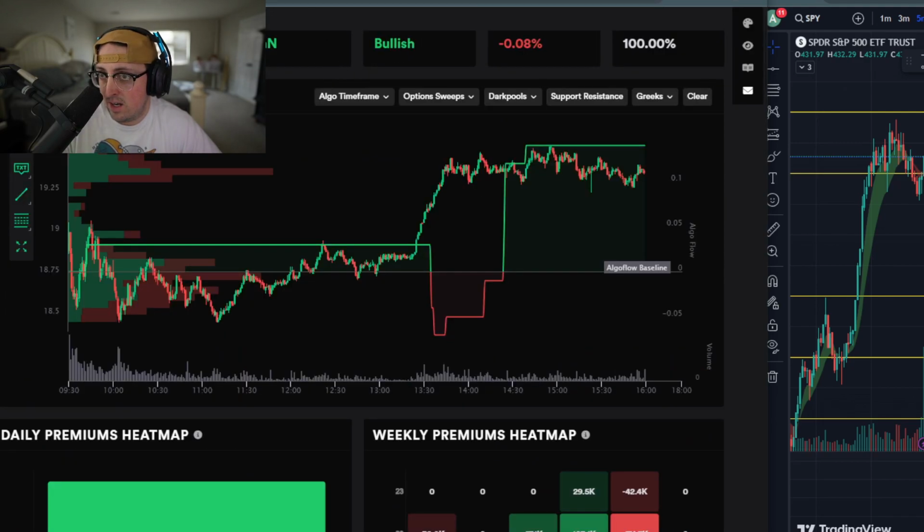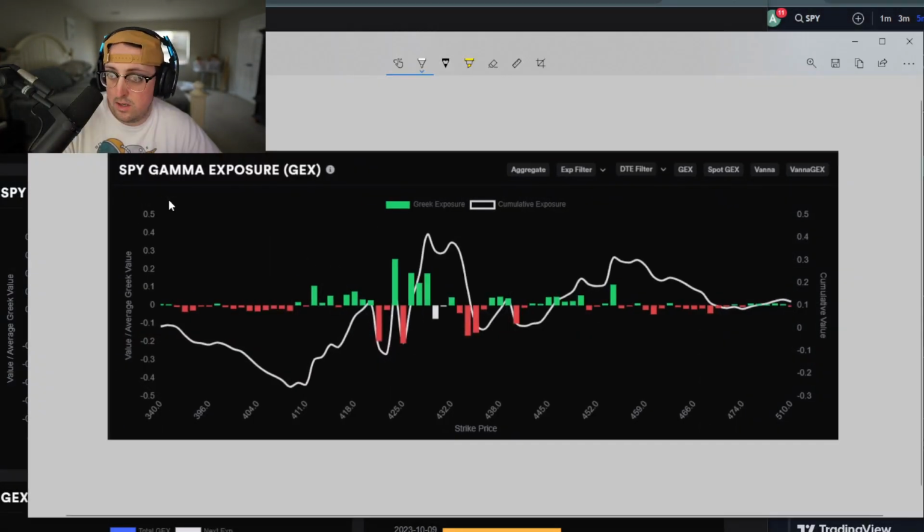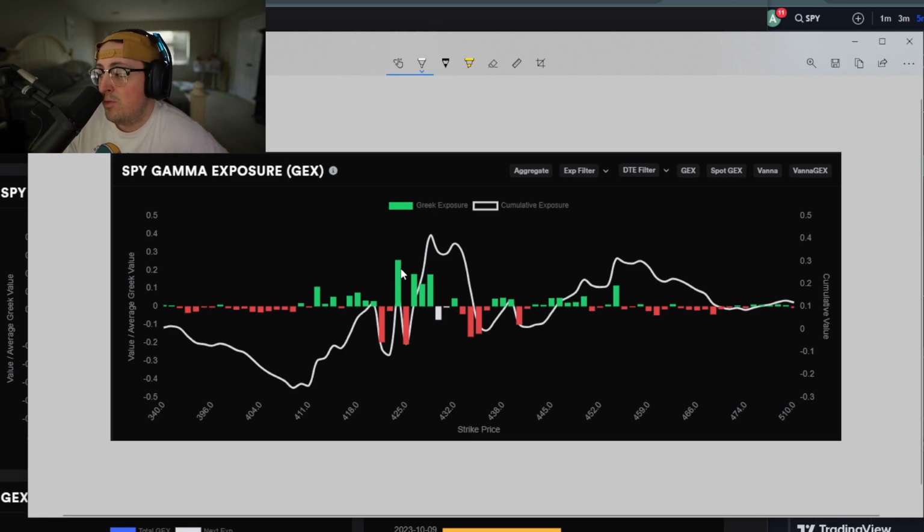Actually, let's take a look at a live one right here. This is the SPY gamma exposure for all expirations. This will be a little bit easier to understand. When there's positive gamma, this tool helps you understand where the levels are to dictate where price is going to be going, rejecting, or heading towards, because dealers have to hedge their positions in order to remain neutral.